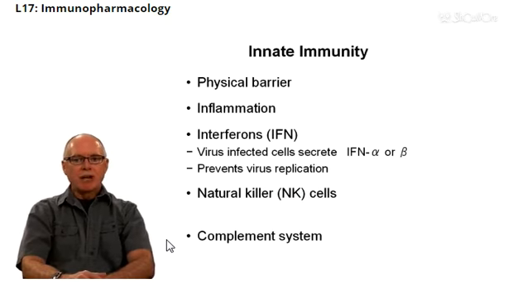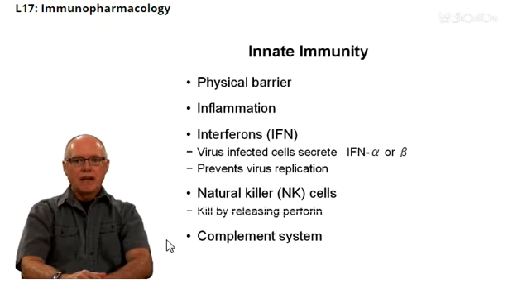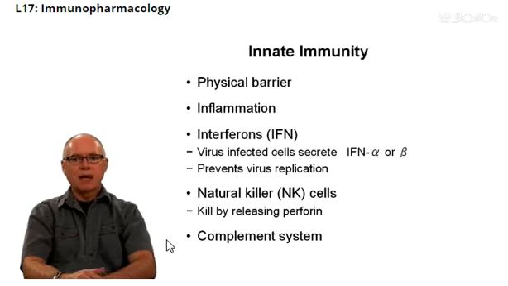Aside from the physical barriers of the body, the inflammatory process and interferon proteins, natural killer cells are also a very important part of the innate immune system. As their name implies, these cells can kill other cells. NK cells recognize infected cells and release perforin, which opens pores in cells and kills them by allowing the cells to take up more ions and water, which makes the cells swell and eventually burst.